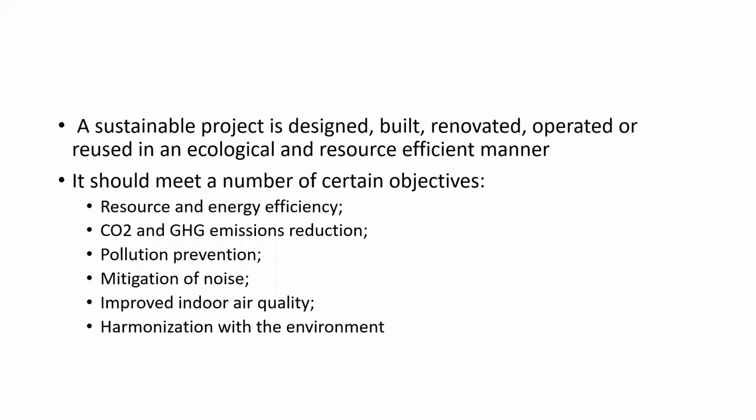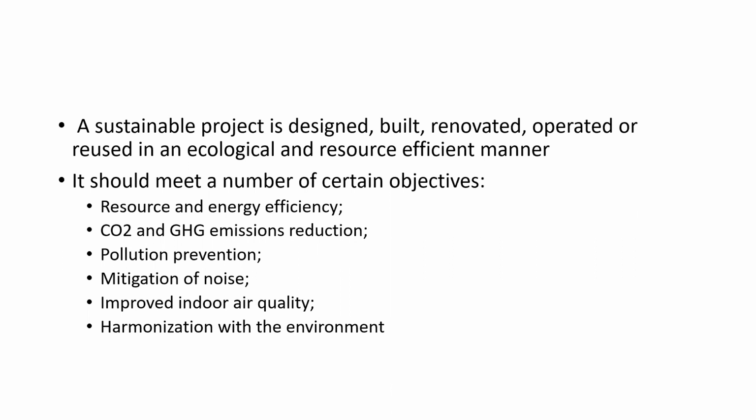So when it comes to that point, it should meet a number of certain objectives. Those are the resource and energy efficiency. We should make sure that our project is designed, built, renovated, operated, and reused in a resource and energy efficient manner. Then the CO2 and GHG emissions reduction. What is GHG?